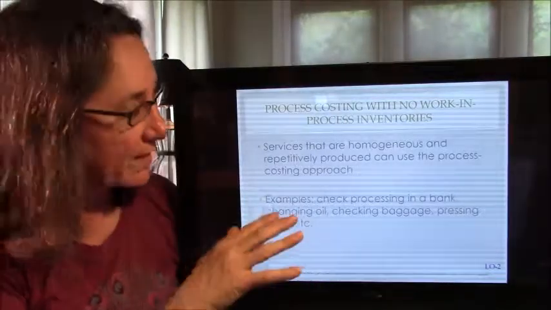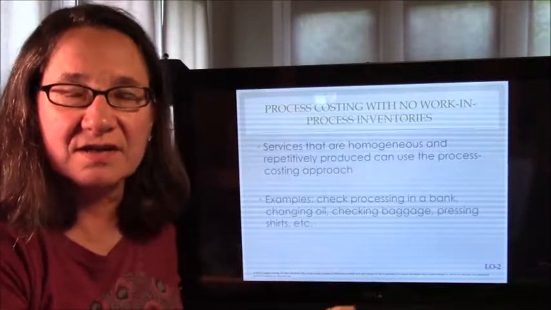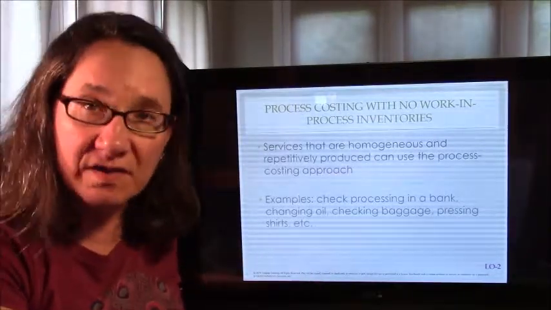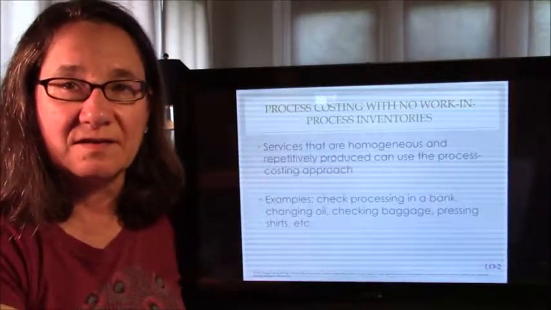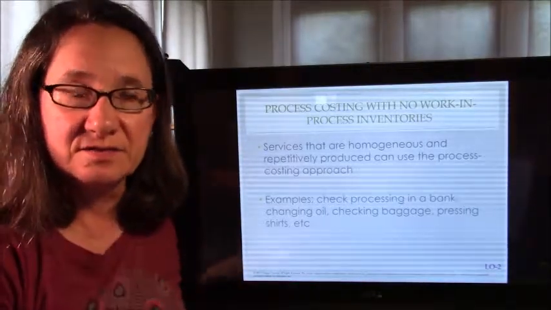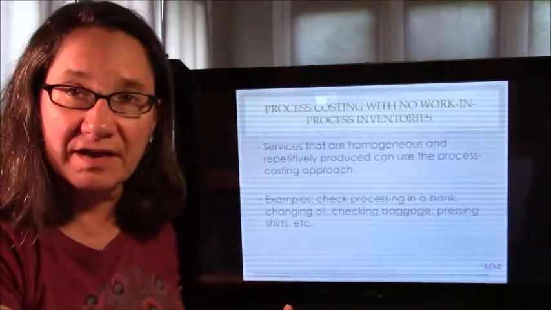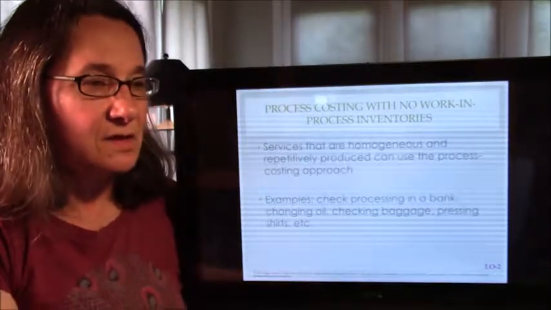All right, so what I want to talk about first, because work in process inventory is so crucial to process costing, but there are processes that don't have a work in process inventory because they're services, all right? Or they're just in time and they don't really keep those inventories, they just do it and pass it on.